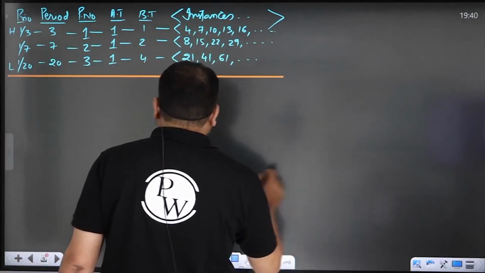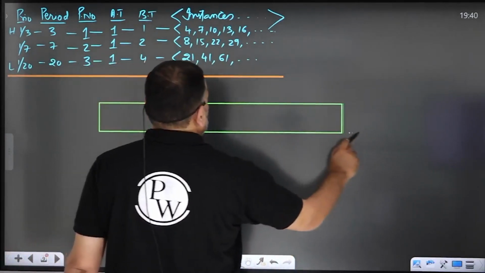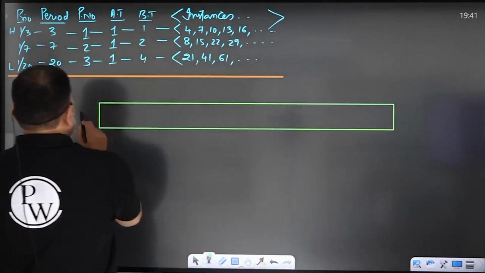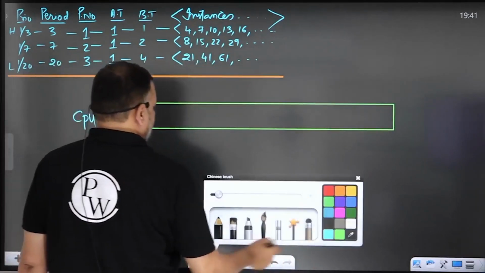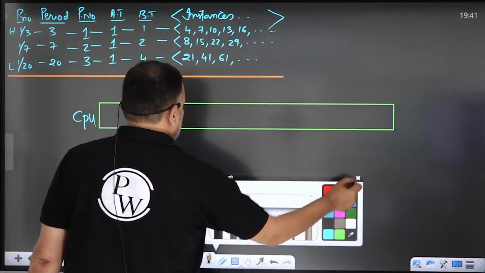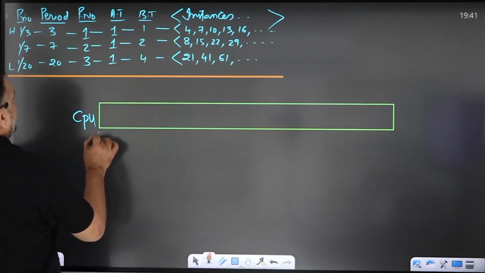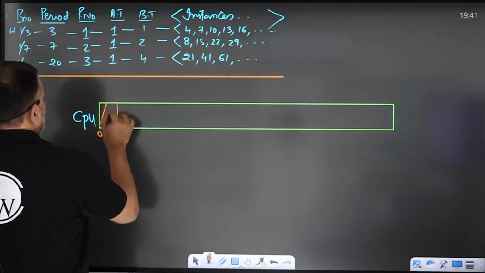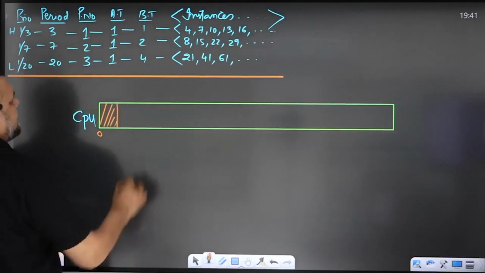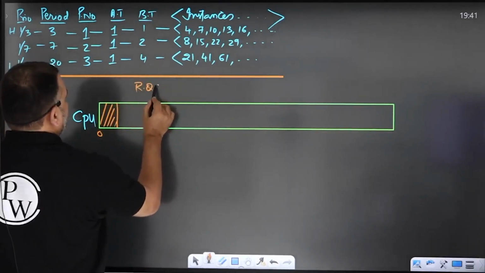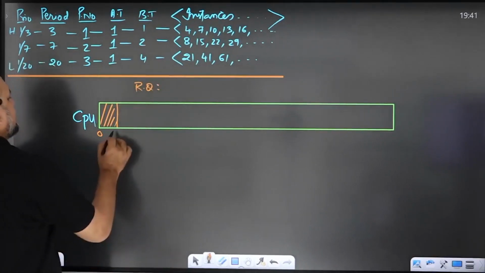We'll draw the Gantt chart. Please see the board, CPU. Listen, 0 to 1 is idle. Let us say this is a ready queue. So 0 to 1 is idle.